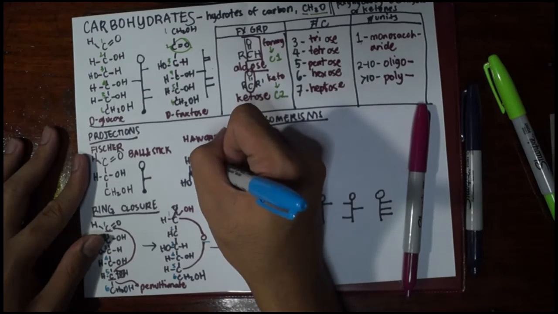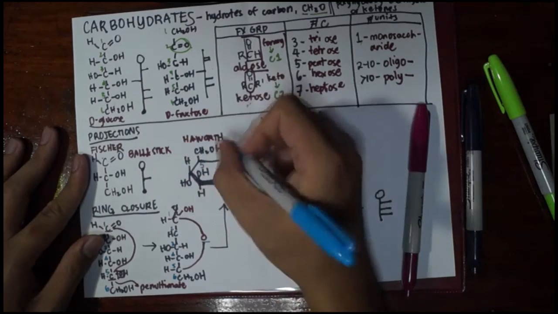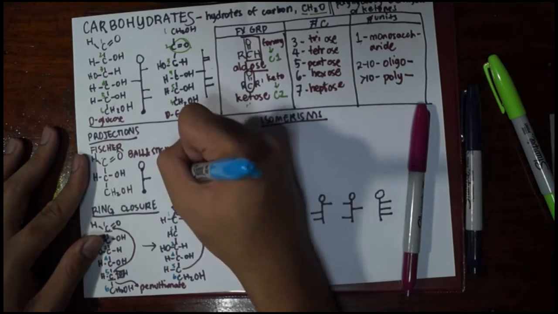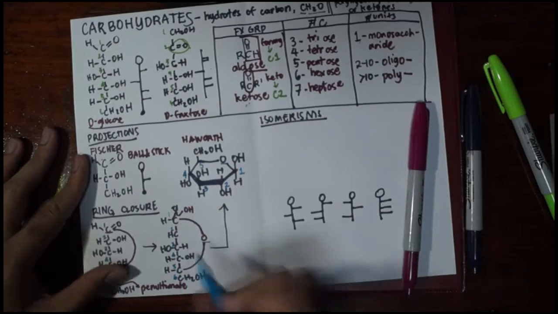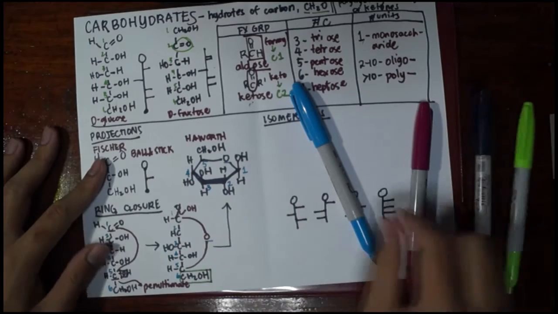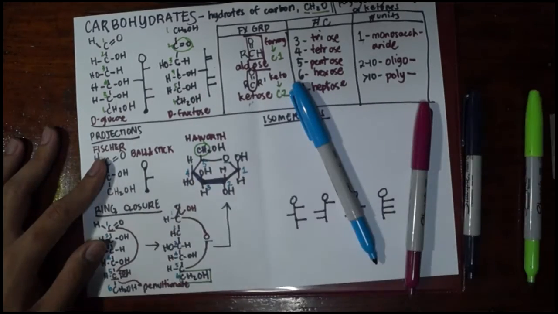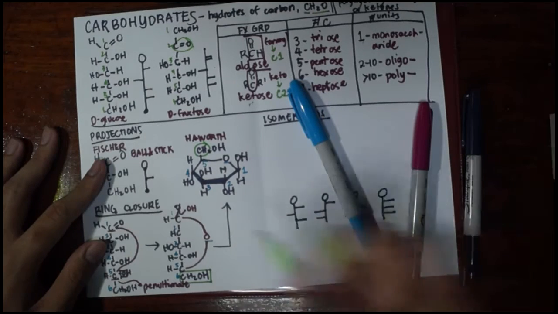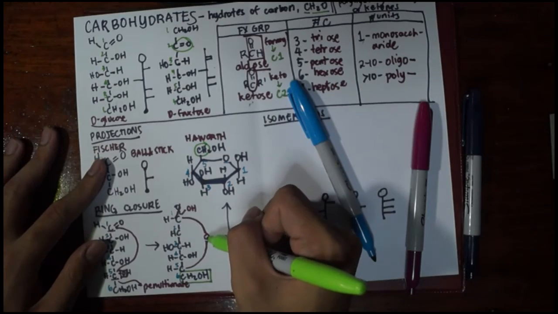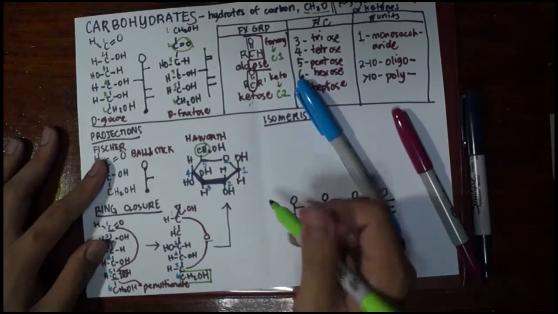Then the carbon bonded to oxygen on the other side should also be 5. So we could assume that this is 1, then 2, 3, 4, 5. Then you see that carbon number 6 did not get involved in the ring. It's outside the ring. This is carbon number 6 right here. So here, if we count, we have carbon number 1, 2, 3, 4, 5, then the sixth member is oxygen. The same here, 1, 2, 3, 4, 5, 6, which is the oxygen.